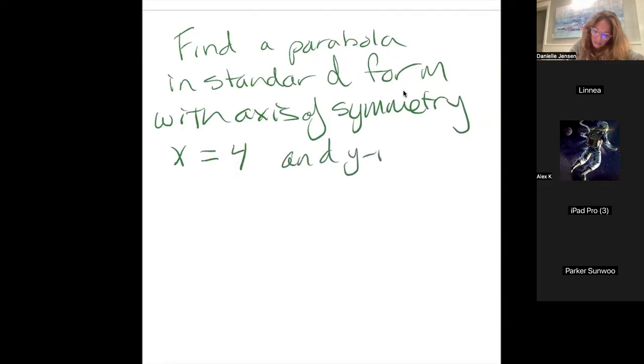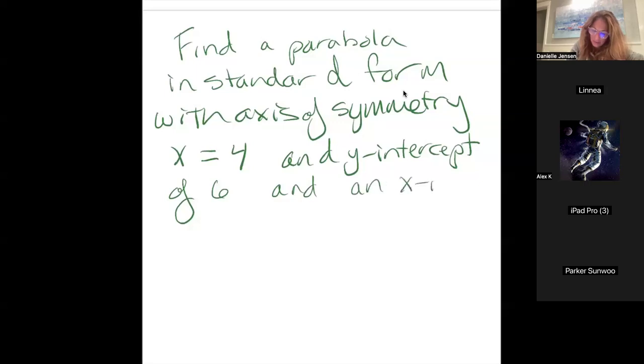And y-intercept of 6, and an x-intercept of, what do I want?